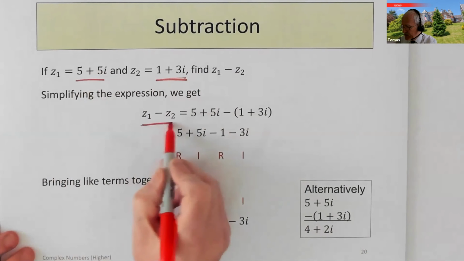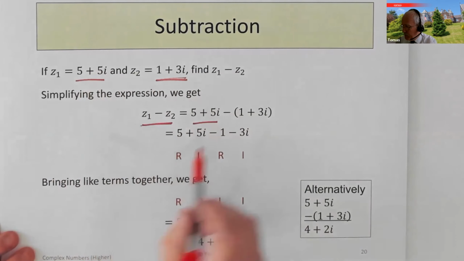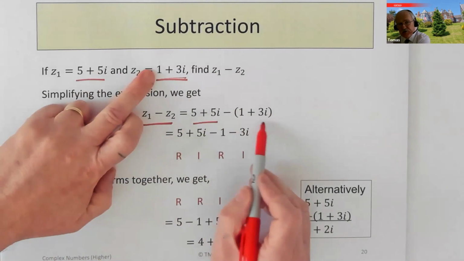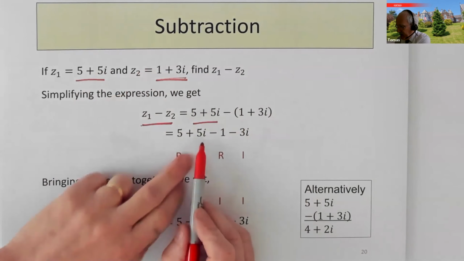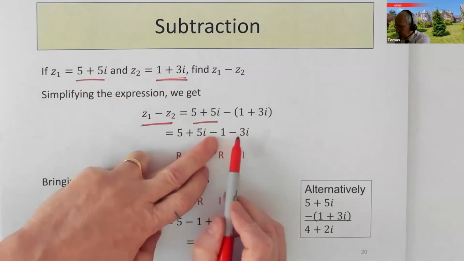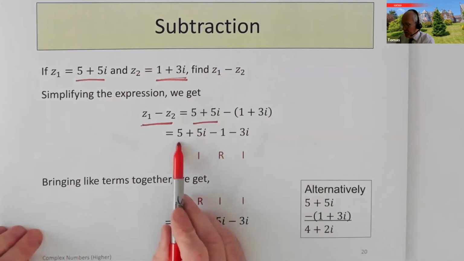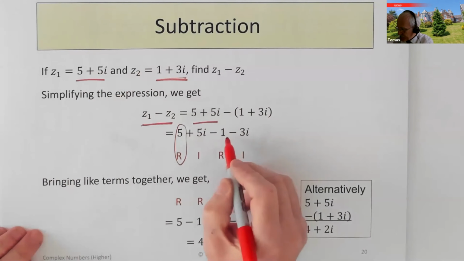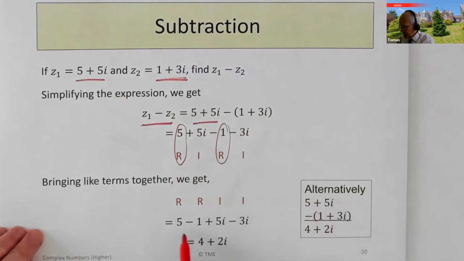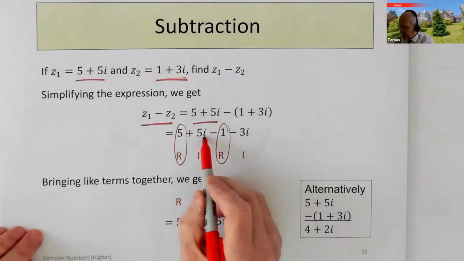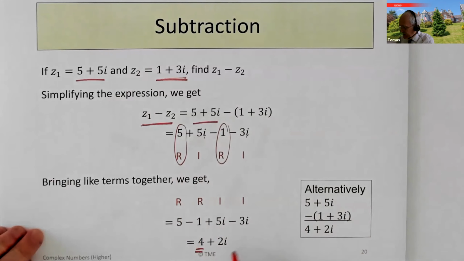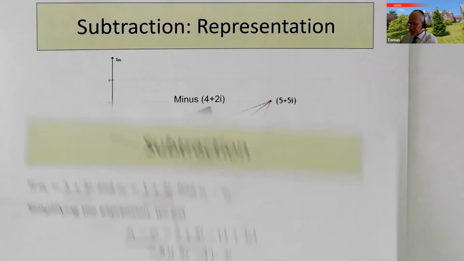So z1 minus z2 is 5 plus 5i minus 1 plus 3i. So multiplying in, we get minus 1 minus 3i. Taking the reals together, 5 minus 1 gives us 4, and taking the imaginary, 5 and minus 3 gives us 2. And that's how we do that, and that's subtraction.